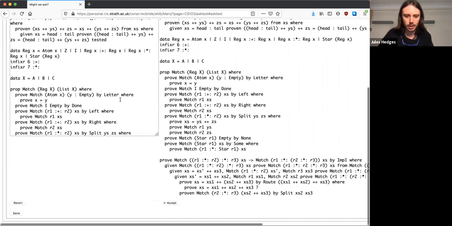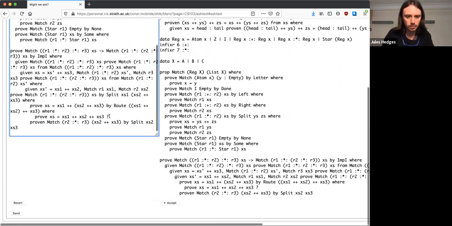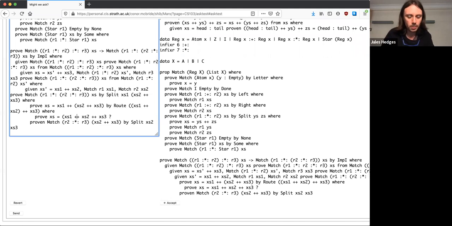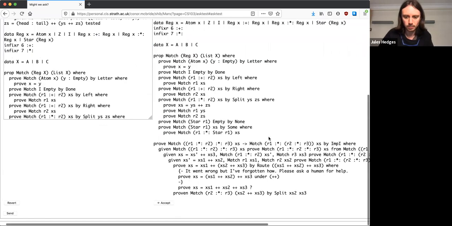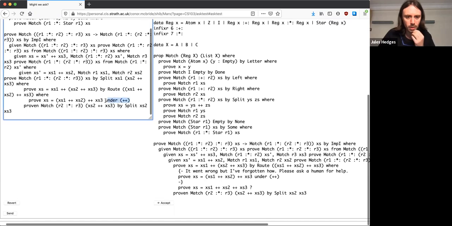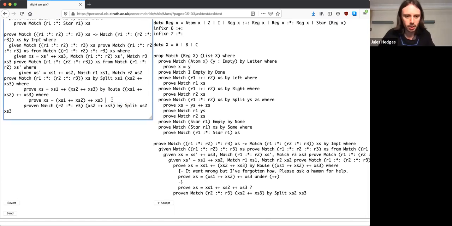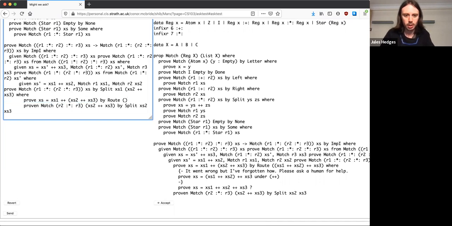Yeah. And then now I can prove this by under concatenate, I think. No. How do I do this? No, I know what I did wrong. This should be by root. I want to say xs 1 prime, xs prime concatenate xs 3, I think.